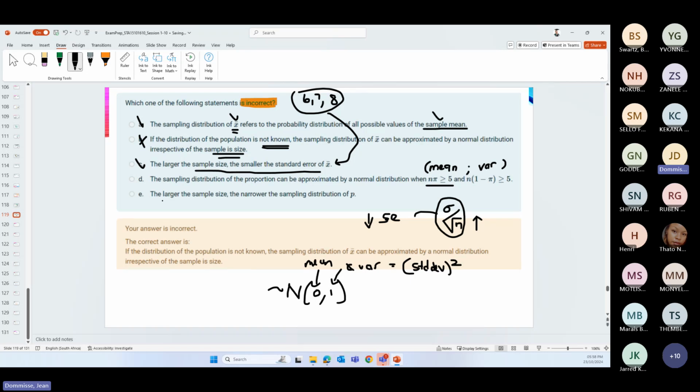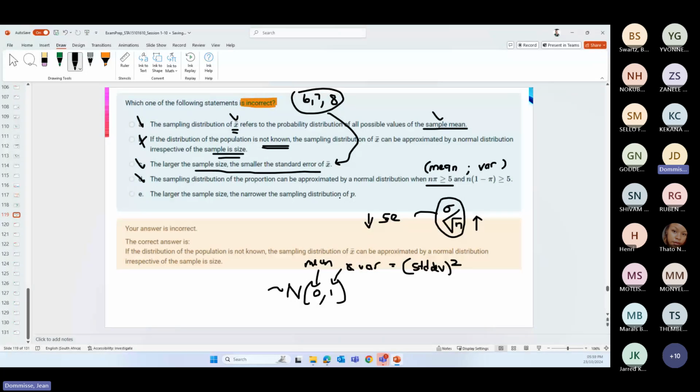And then the last option, the larger the sample size, the narrower the sampling distribution of P, and that is basically what we just mentioned as well with your confidence interval.